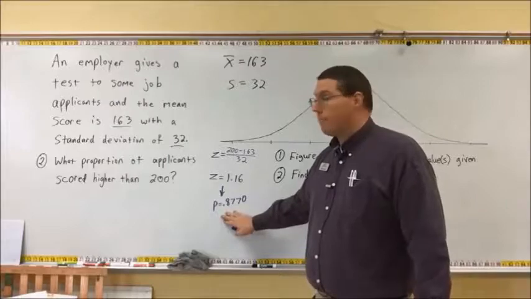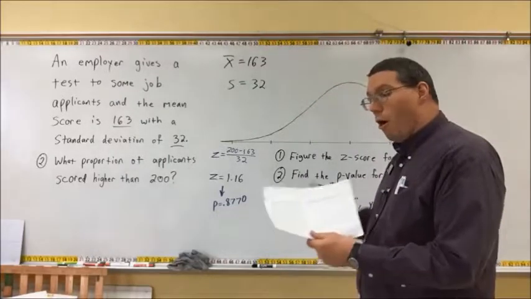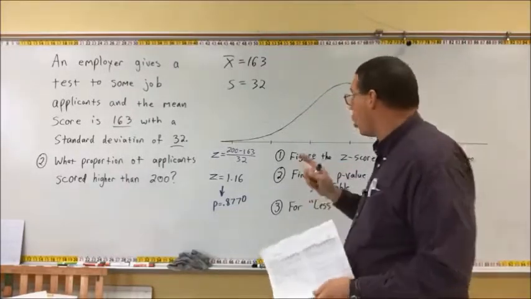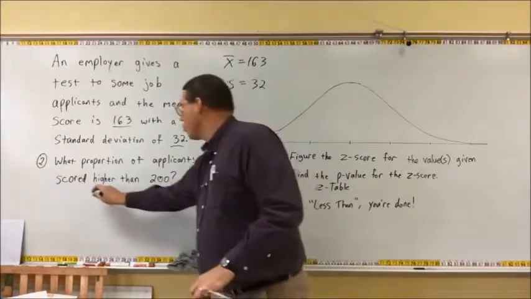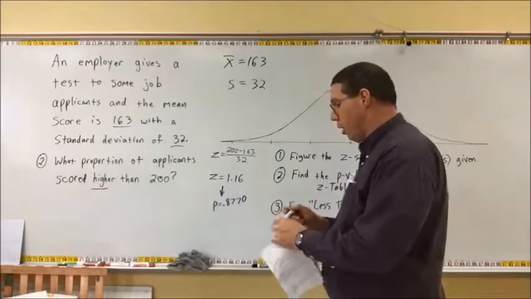But what's the problem? All the p-values in here are for less than. But this question says scored higher than 200.